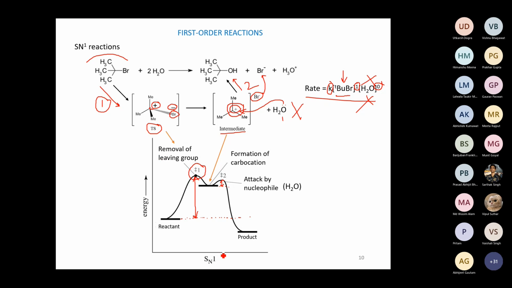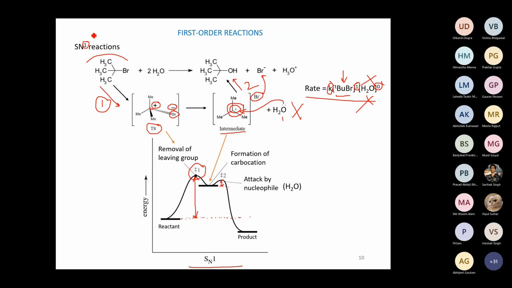This is the energy profile diagram, potential energy versus reaction coordinate, for an SN1 type of reaction. This is called SN1. The 1 means one molecule is involved. The 2 means bimolecular, we will come to that later. With kinetics we will discuss more with examples.